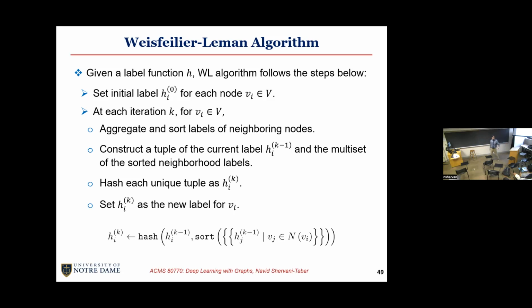We continued this for multiple iterations until we saw that two different graphs have the same number of occurrences of the different labels, right? If the count of the times that different labels were observed in two graphs was the same, they are histograms, then the graphs were isomorphic.